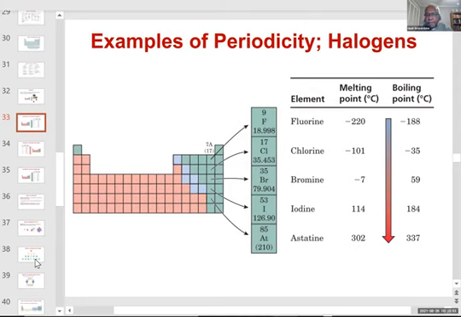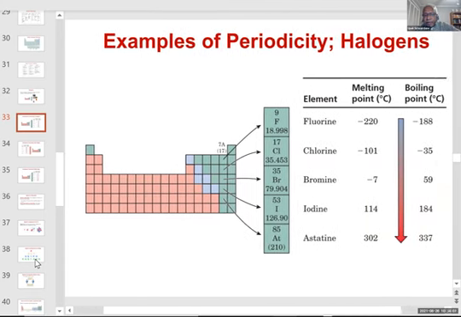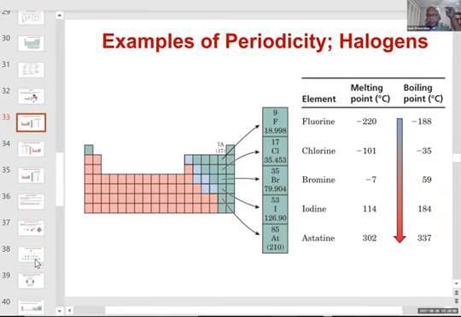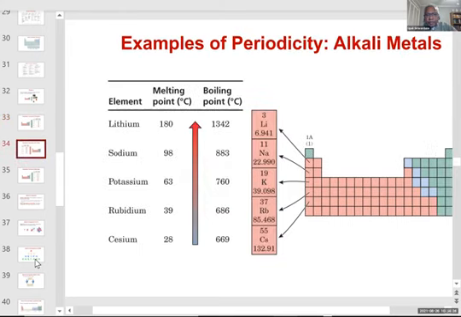They have stronger attractive forces because the number of electrons in the elements increases. They attract each other through the electrons. So going down a group, melting point and boiling point increase as physical properties.